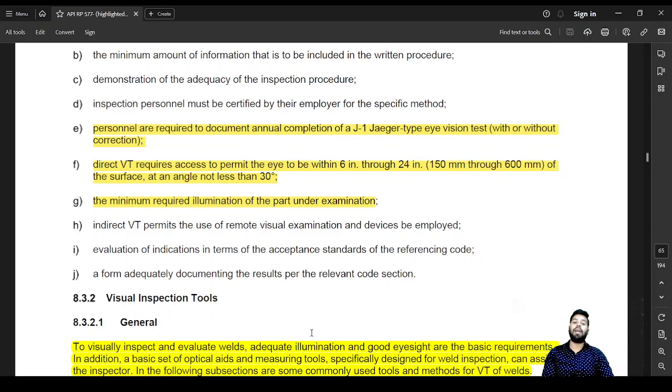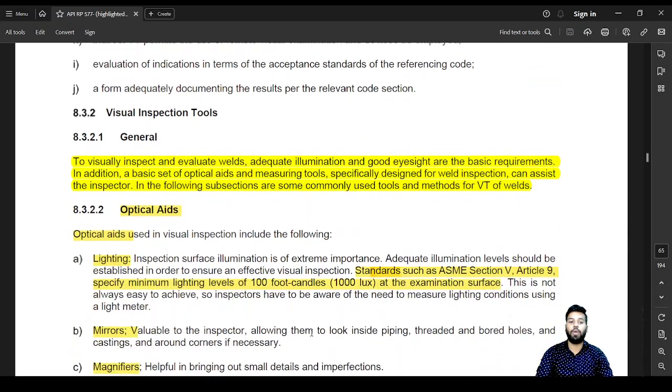The minimum required illumination for the part of examination, as per the ASME Section 5, is going to be 100 feet candles or 1076 lux. The indirect VT permits the use of remote examination and devices employed, evaluation of indications in terms of acceptance standards and referencing code, and a form of adequately documenting the results as per the relevant code.